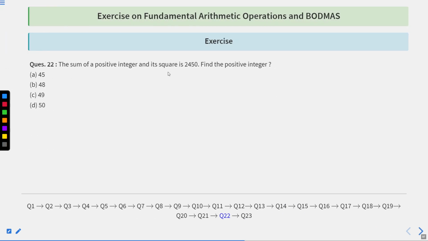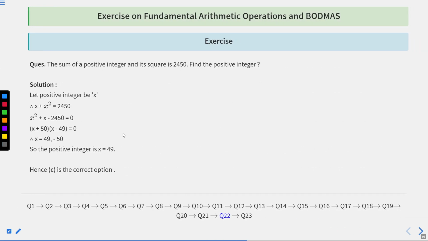The sum of a positive integer and its square is 2450. Find the positive integer. Let the positive integer be x. So x plus x square will be 2450. So x square plus x minus 2450 is equal to 0. This is a quadratic equation.